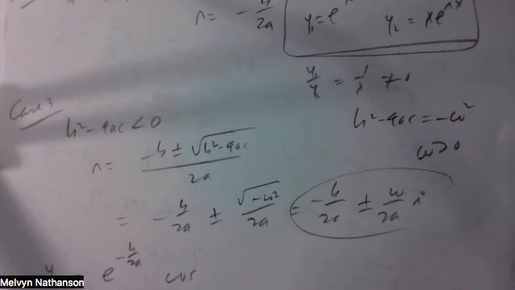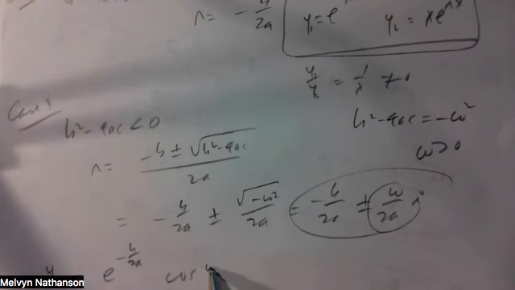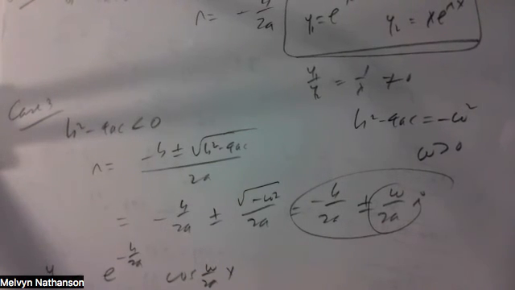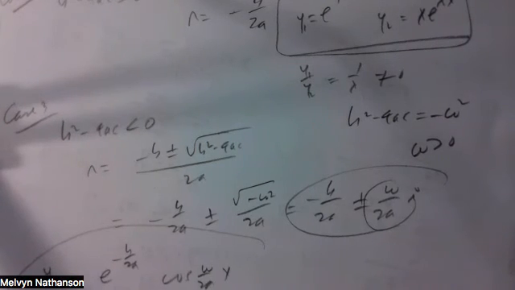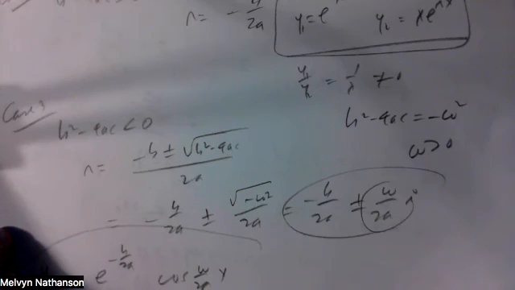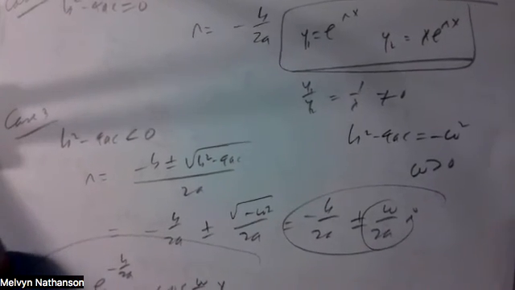And the something is this omega over 2a. So with these formulas, you can solve all constant coefficient equations. Right?